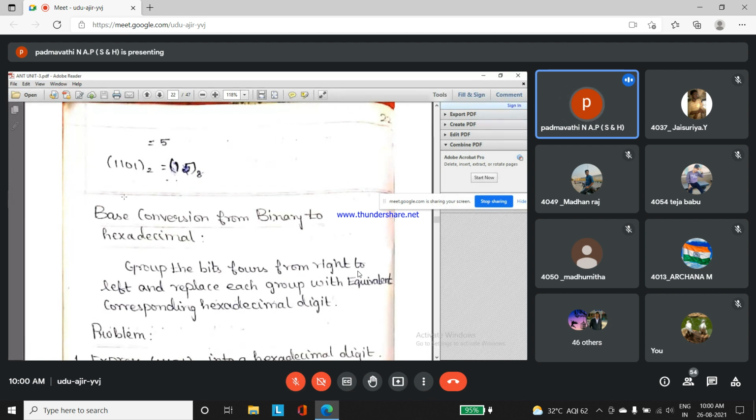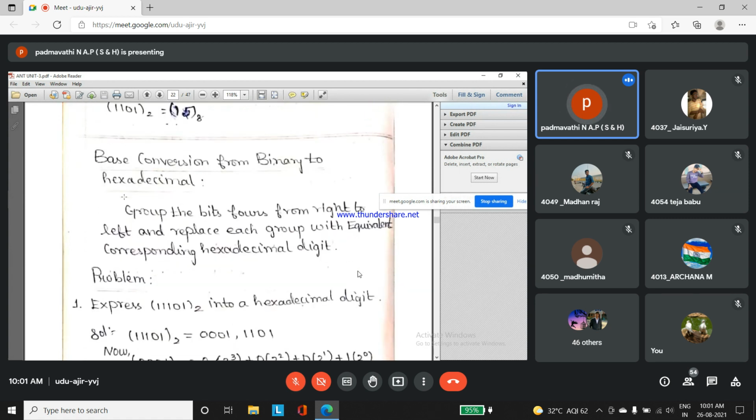For binary to octal, that is groups of 3 digits. For binary to hexadecimal, group the bits in fours from right to left and replace each group with the equivalent hexadecimal digit.